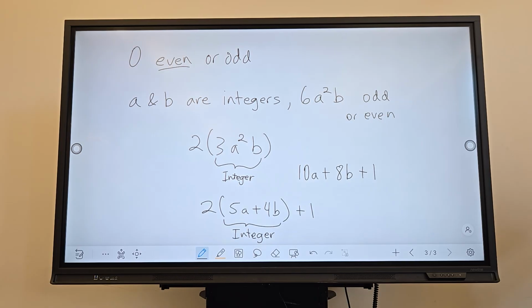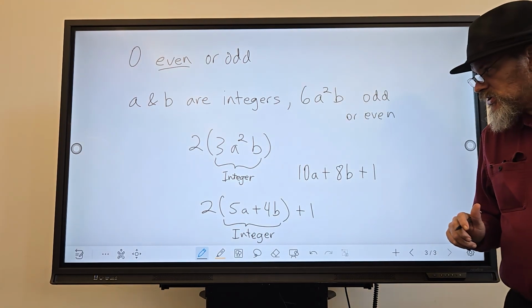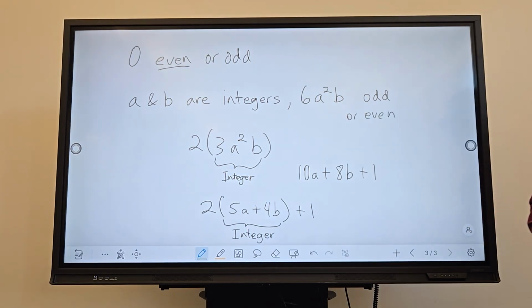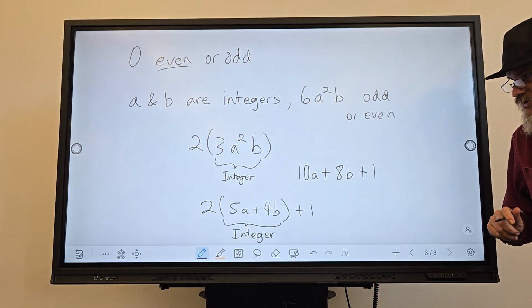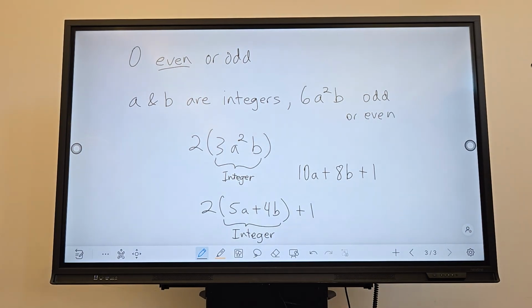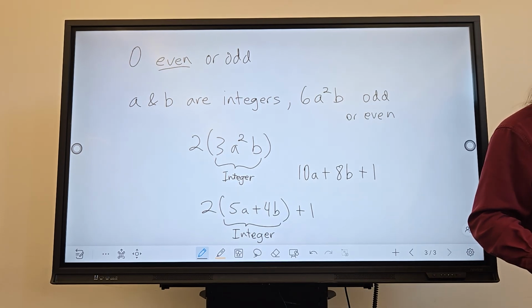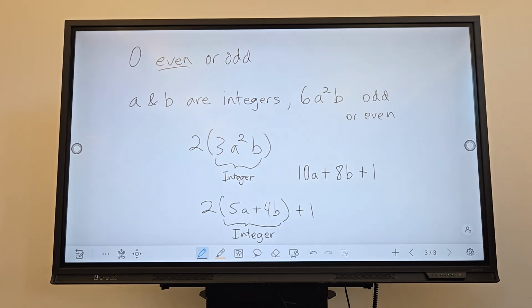It is also a consequence of the quotient remainder theorem. That's all it says as to why all numbers are either even or odd.